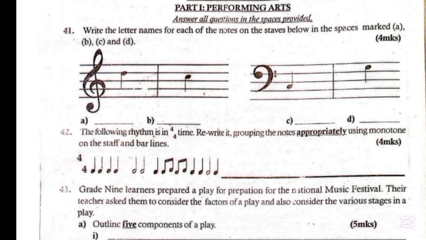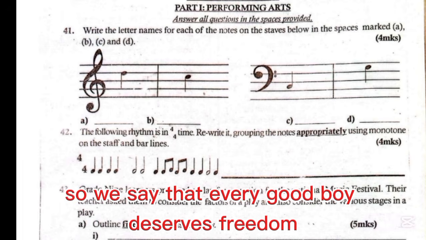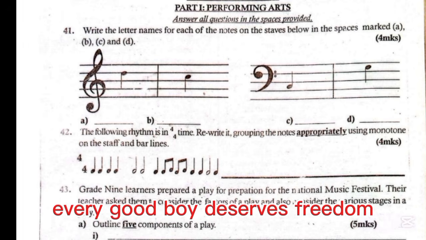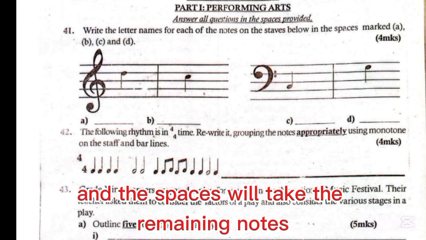Then G, B, the third line is B. So we say that Every Good Boy Deserves Freedom. So you come up with that formula, and the spaces will take the remaining notes.